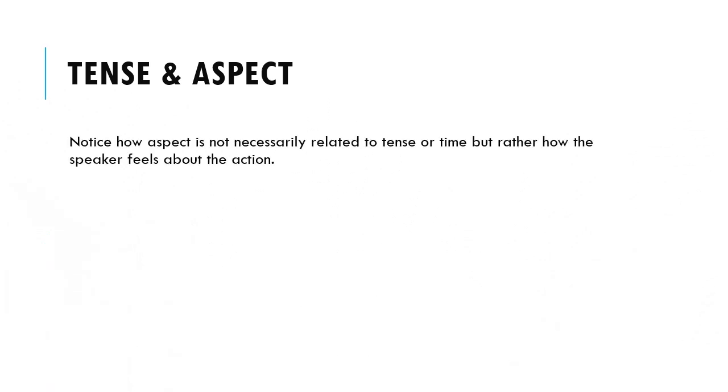Now let's see the correlation between tense and aspect. Notice how aspect is not necessarily related to the tense or time, but rather how the speaker feels about the action. So the aspect can be implemented for present, past, or future. And it's not only tied to a single tense.